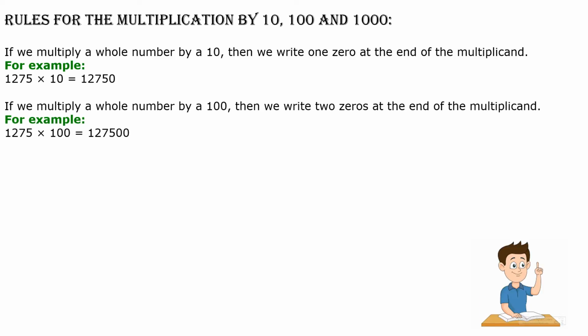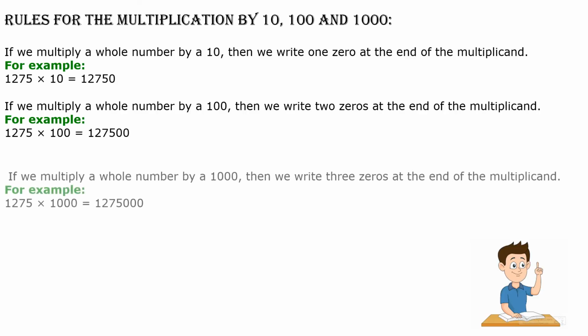If we multiply a whole number by 100, then we write 2 zeros at the end of the multiplicand. For example, 1275 into 100. First, I will simply write 1275 and will add 2 zeros. So that gives me 1,27,500.